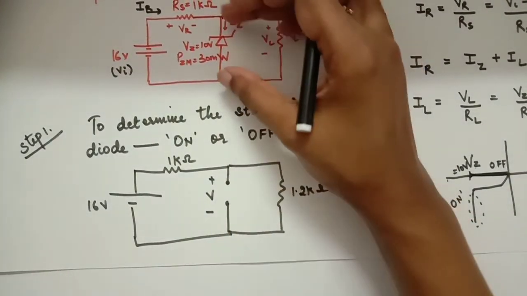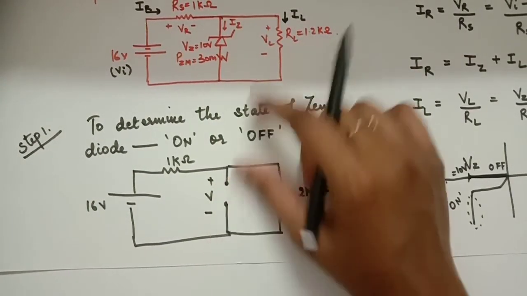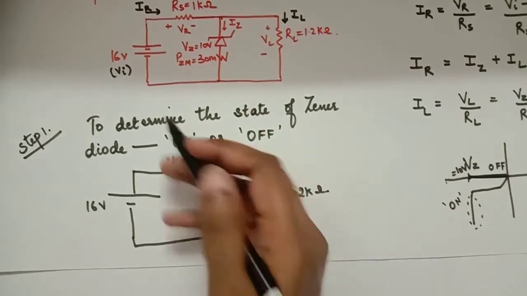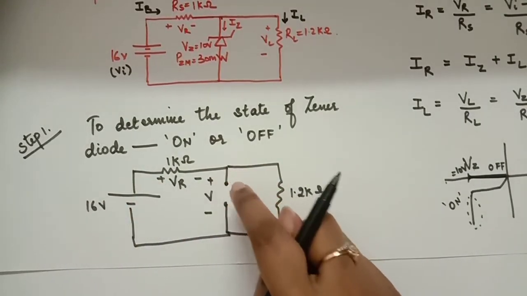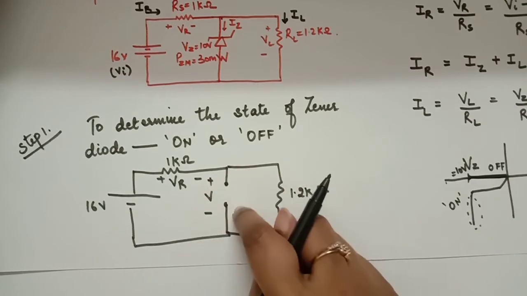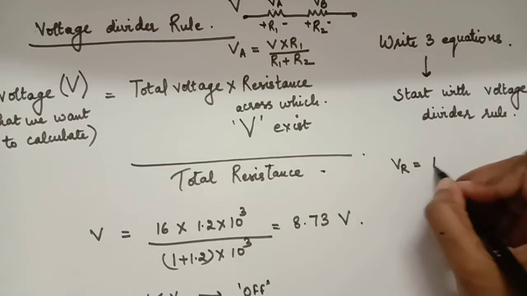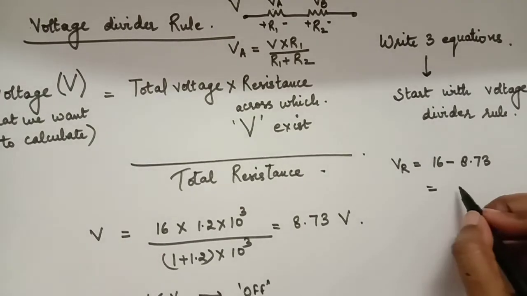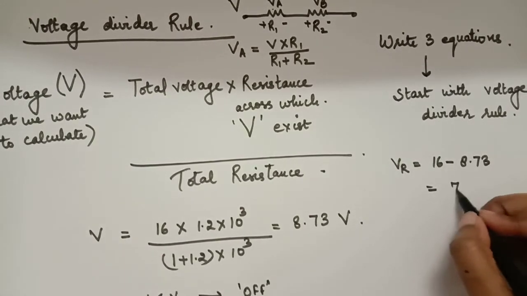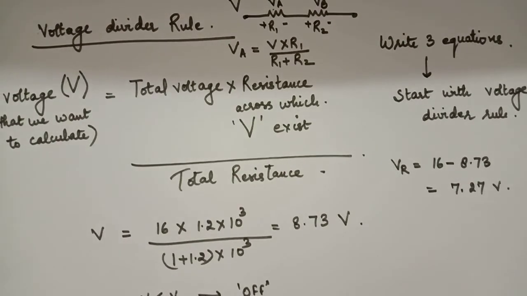So now, for the voltage in this particular branch, you will look into this diagram, not the above diagram. VR is simply this voltage minus this. If the diode had been on, then the diode would have existed here and we would have considered VZ over here. But the diode is off. So VR is equal to 16 minus 8.73, which is 7.27 volts. So this is VR.